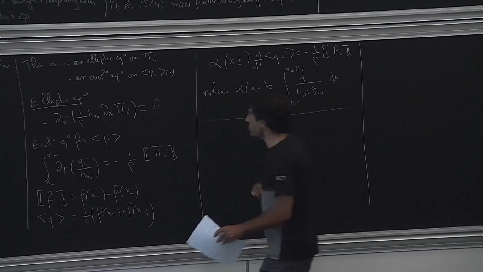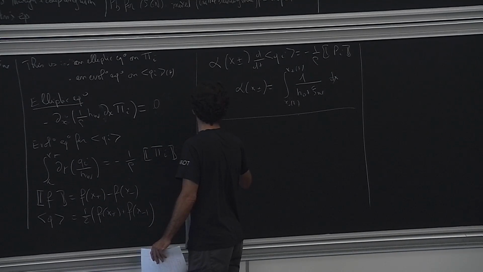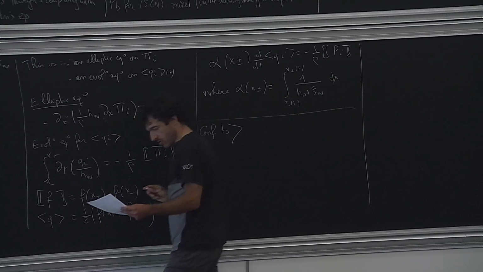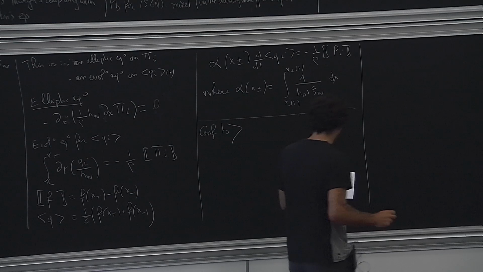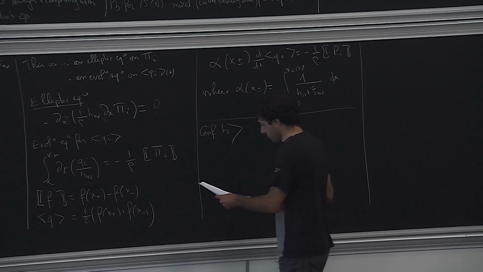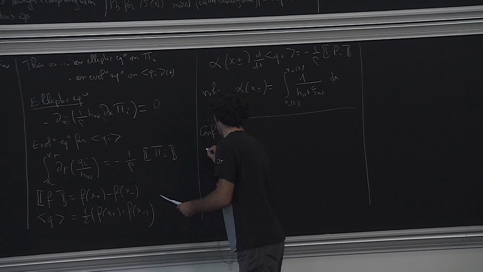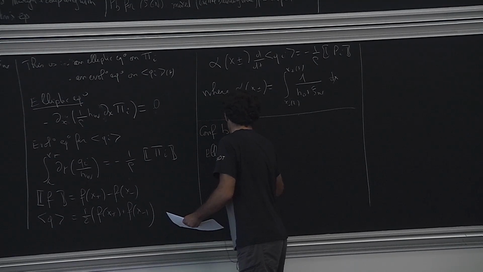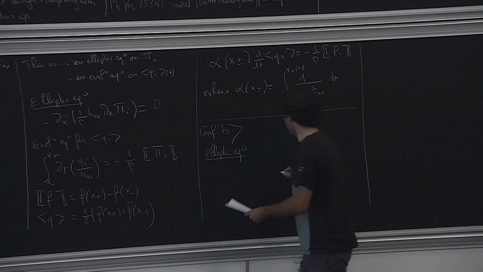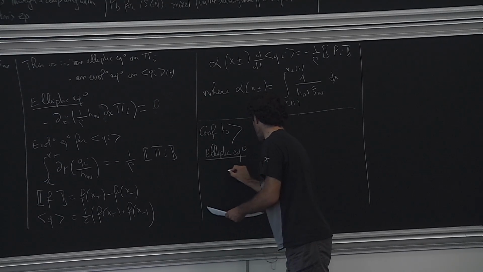And for the configuration B, maybe I will not do the computation, but these are very easy computations, so I don't want to lose time with this. The idea is the same, so you exploit the structure.